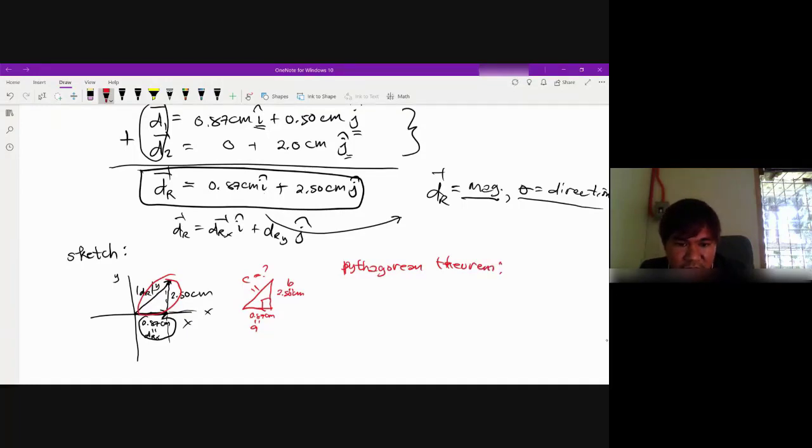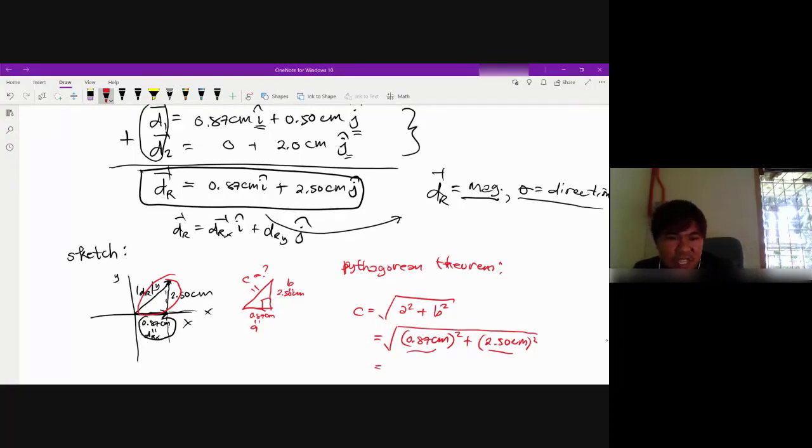That would mean your C is equal to the square root of A square plus B square, which is actually the square root of 0.87 centimeters squared plus 2.50 centimeters squared. So square each one, then add, and then take the square root.